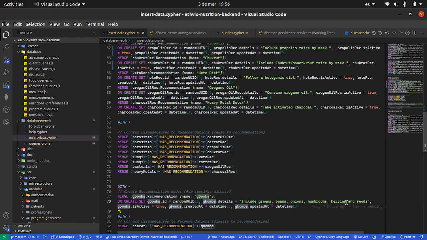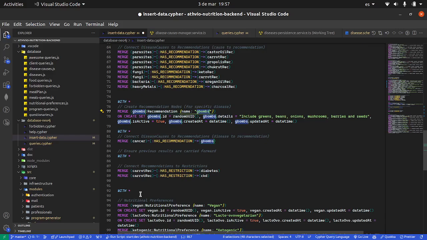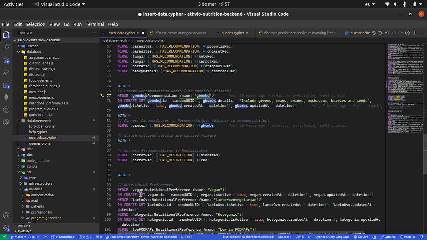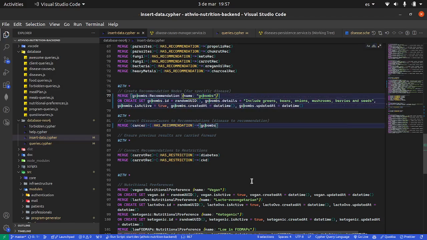I believe that cruciferous also. Cruciferous doesn't start with G. GC bombs, maybe it should be the name of it. Okay, I believe that I have one problem. No, I don't have any problems. I will change to GC bombs.